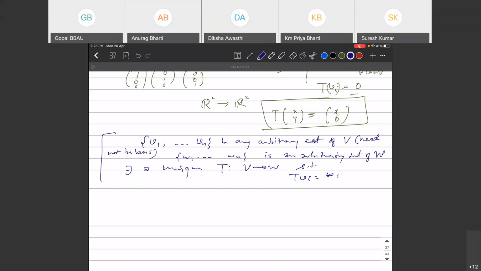So क्या तब भी हम कह सकते हैं? Does there exist a unique linear transformation? और first, does there exist a linear transformation? Unique की तो बात छोड़ो पहले. Does there exist a transformation?